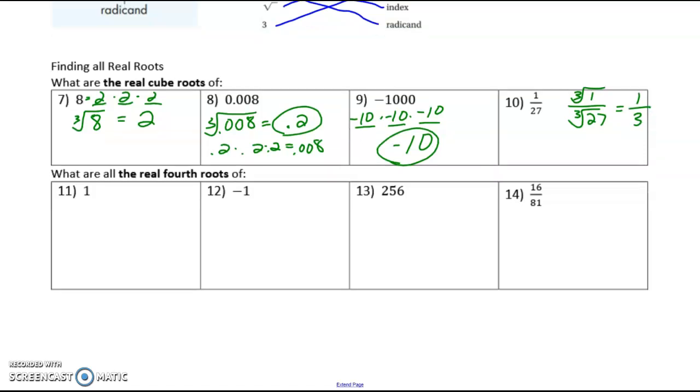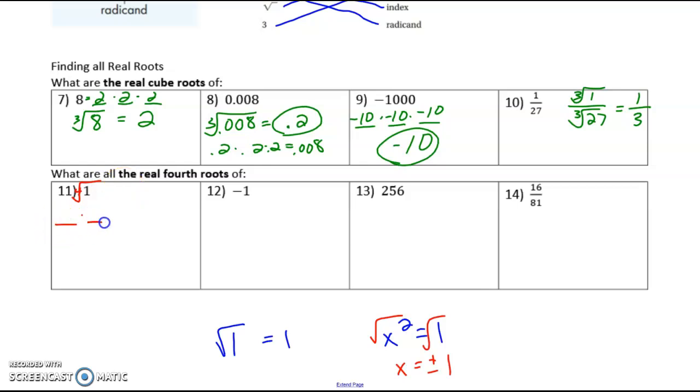Okay, what are all the real 4th roots of 1? So if we are given the square root of 1, for example, we just say 1. But when we need to apply the radical, so for example, if I have x squared equals 1 and I need to take the square root of both sides, then I include the plus or minus. So since we are not given the root to start, but now I want to take the 4th root, I need to add the plus or minus here.